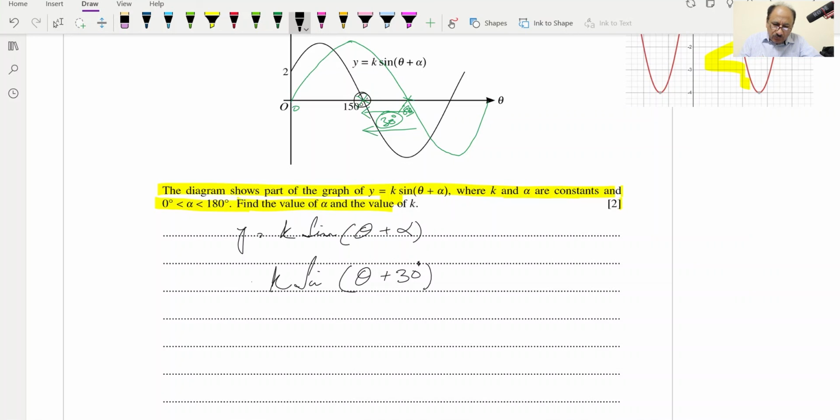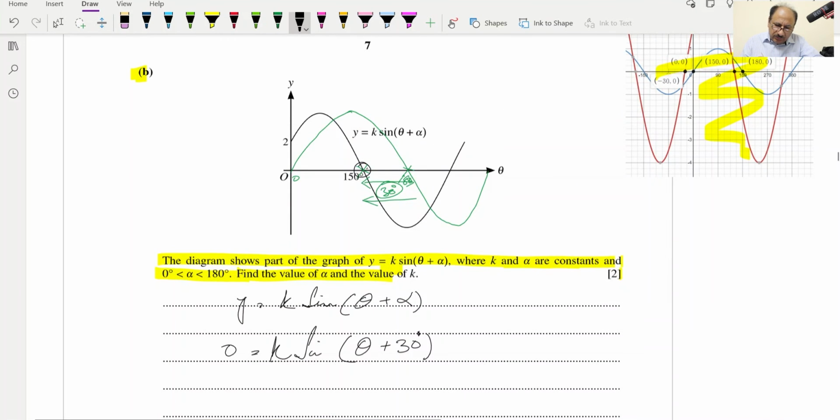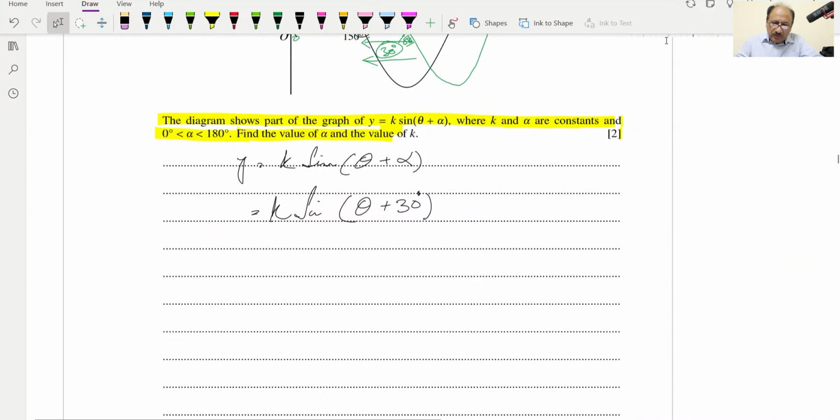But not 0, basically the y value for this point, at x is equal to 0, y is equal to 2. So when x is equal to 0 means theta is equal to 0. If we replace theta is equal to 0, y will be 2. This is what we are doing.